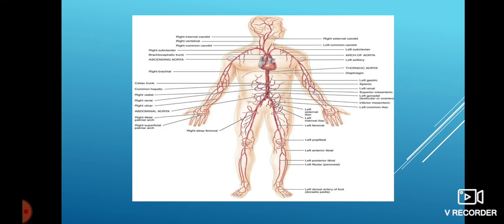Then the remaining part of the second part, the third part and fourth part of the duodenum, the whole jejunum, the whole ileum, cecum with appendix, ascending colon, and almost 3/4 of the transverse colon are derived from the midgut, which is supplied by branches of the superior mesenteric artery.